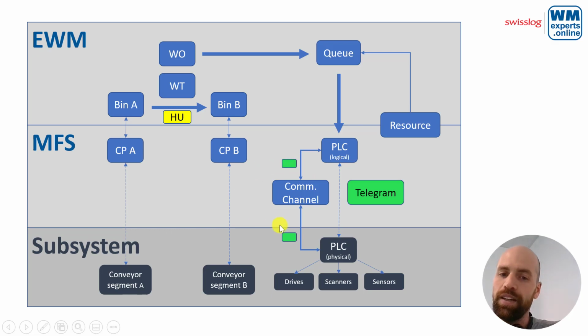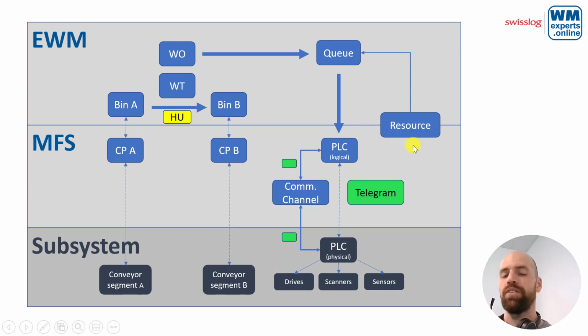It holds the technical details which are needed in order to send a telegram string, for instance, via TCP/IP protocol from EWM to a PLC, which is a small industrial computer which is running some programs to process information coming from EWM or from the subsystem.